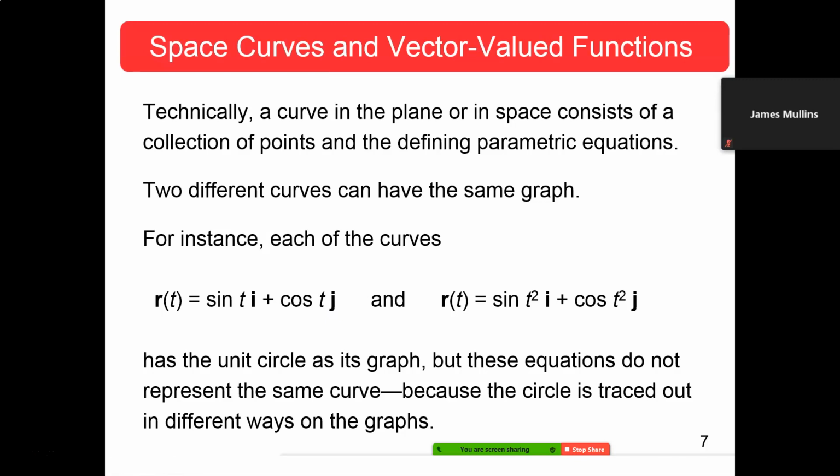Or if you did r of t is equal to sine of t squared i plus cosine of t squared j, all that you're doing now is squaring the t first and making the components of i and j, sine of t squared i, cosine of t squared j.